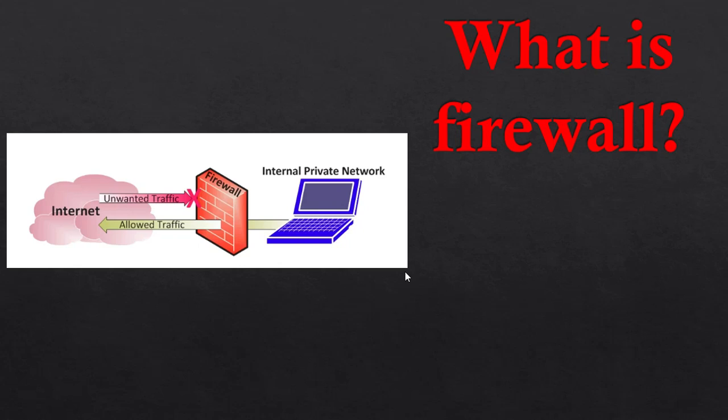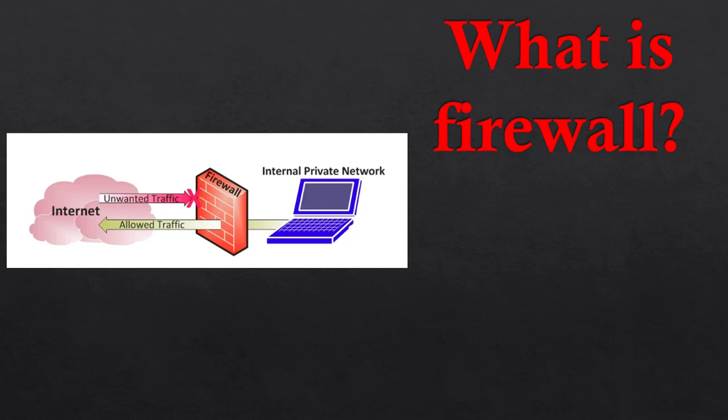But for now you can understand the firewall is a device. It can be a physical appliance or a virtualized software application on some platform, which can take a decision whether to allow or block traffic, back and forth.